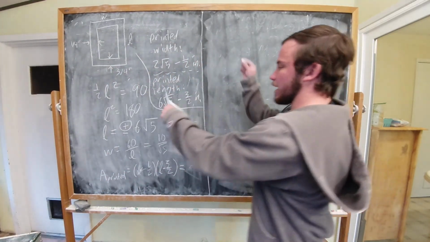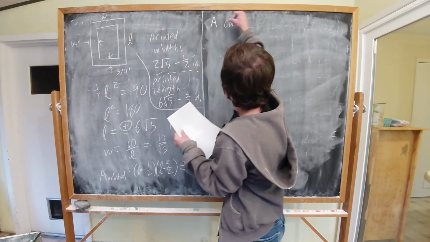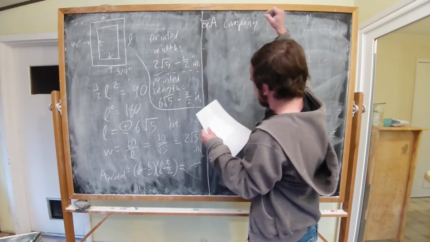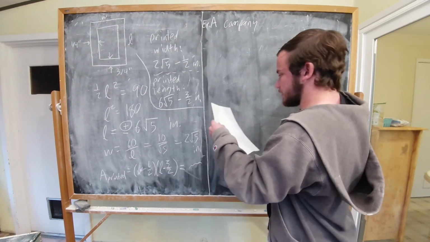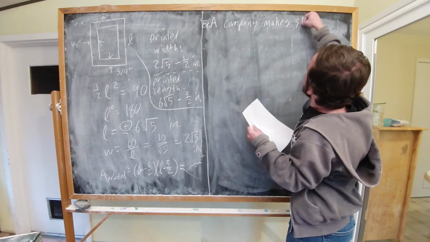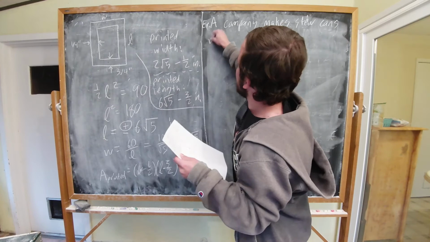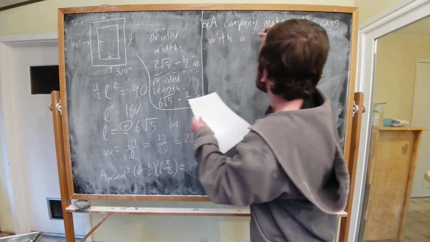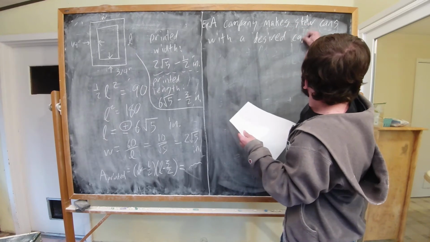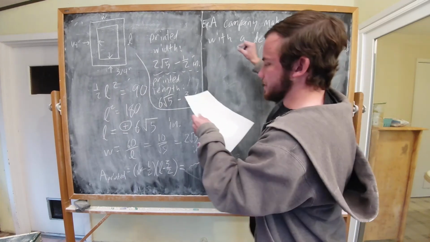Alright, so a company makes stew cans with a desired capacity of 36 inches cubed.